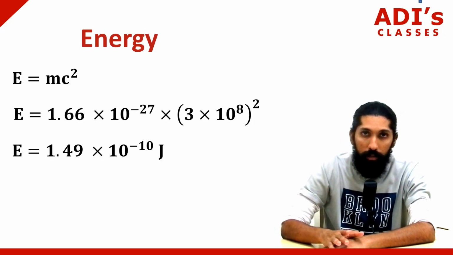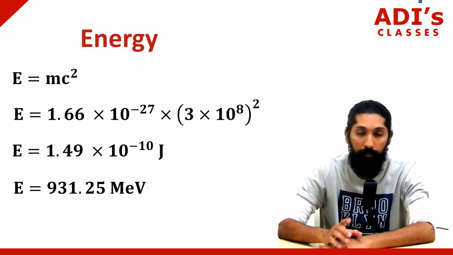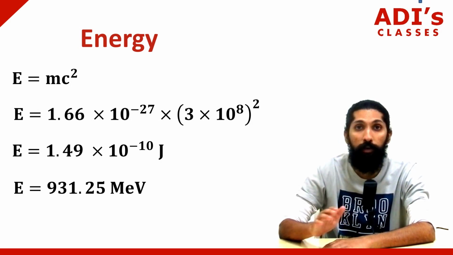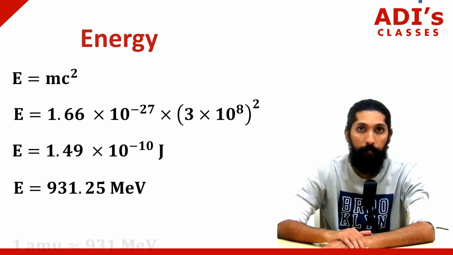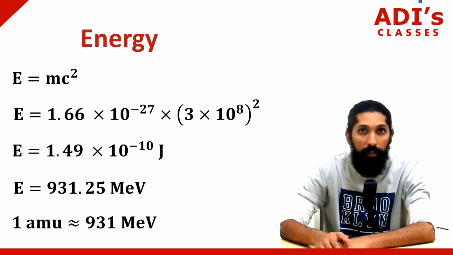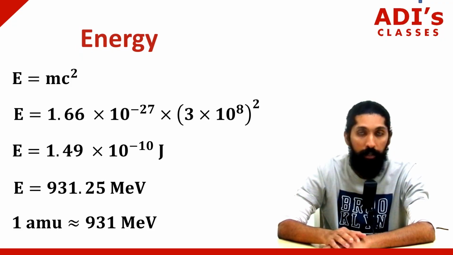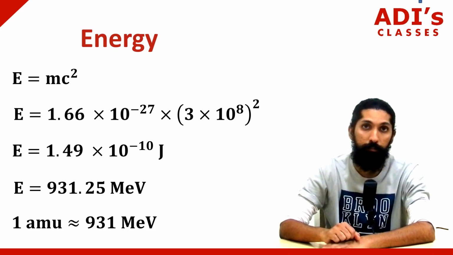Okay, see, when you divide this by the value of 1.6 into 10 power minus 19, you will get approximately 931.25 electron volt. Sorry, 931.25 mega electron volt. So what we can write is that 1 AMU is approximately equal to 931 mega electron volt.